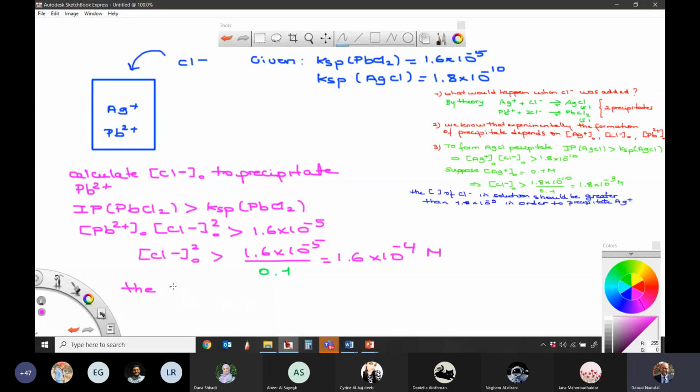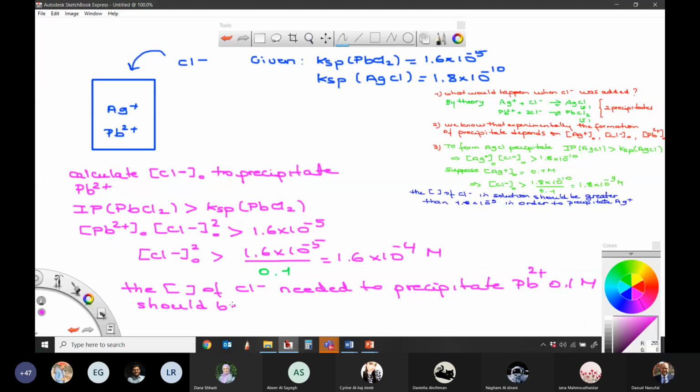The concentration of Cl- needed to precipitate Pb2+ 0.1 molar should be greater than 1.6 10 minus 4 molar. 4.